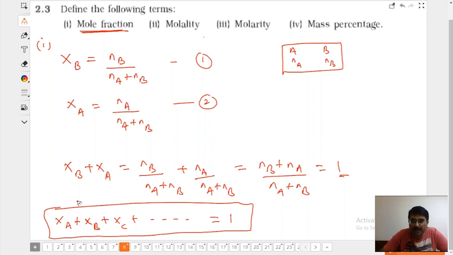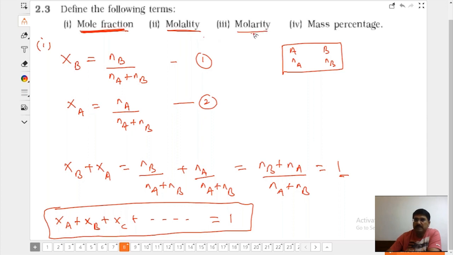Please do not create your own symbols. Mole fraction is denoted by a fraction. Is it clear? What is mole fraction? Number of moles of a component divided by total number of moles. Molality is the number of moles of a component divided by weight of solvent in kg. What is molarity?